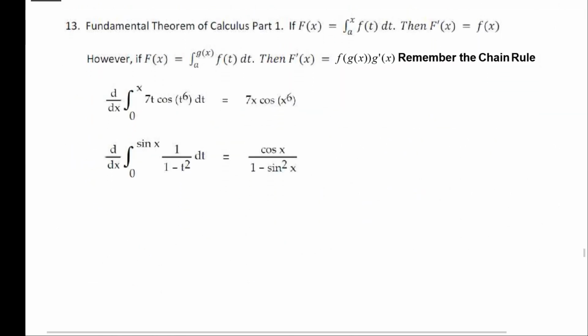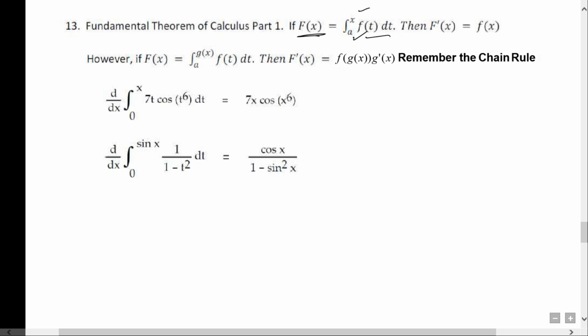Now looking at number 13 here, remembering the fundamental theorem of calculus, it says if you have capital F of x is equal to the integral from a to x of f of t dt, then for the derivative, all you have to do is plug the x in everywhere you see a t.